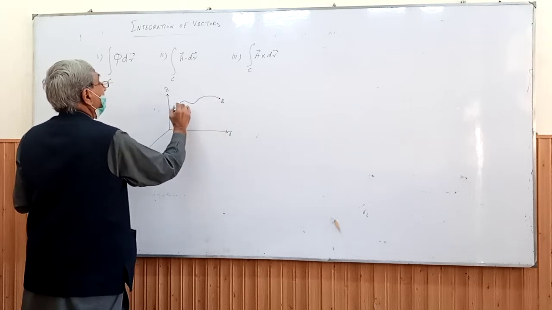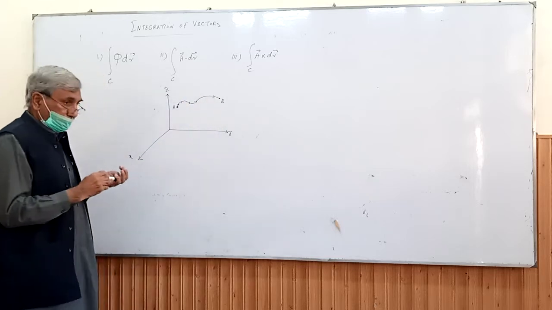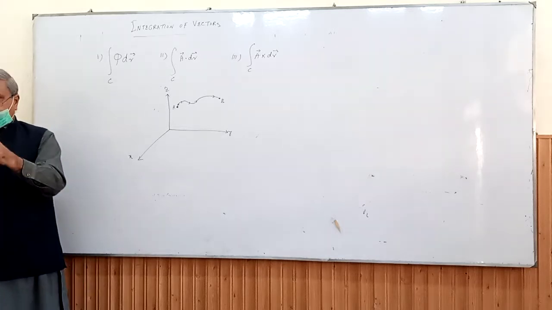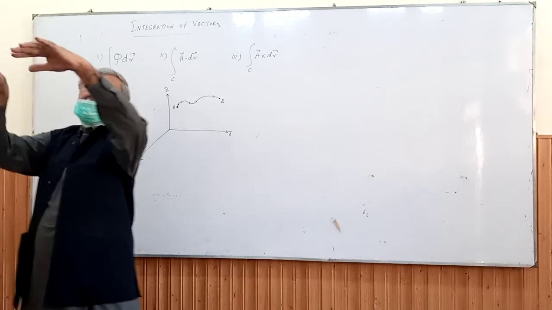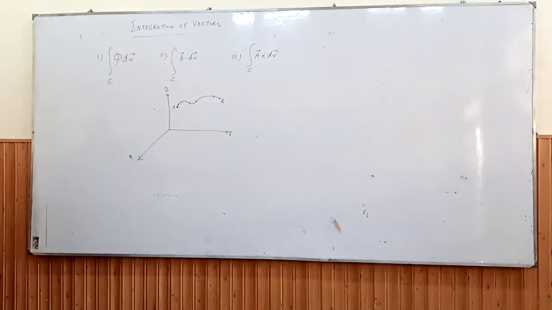Its initial point is this, it goes here, and then ultimately reaches point B. That is a 3-dimensional space. The particle starts from here and then it goes along this path.